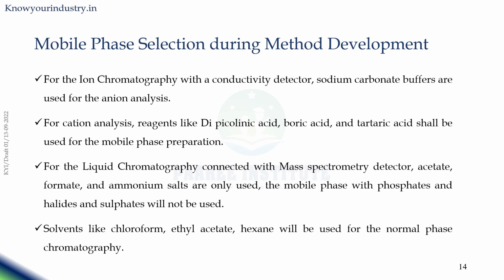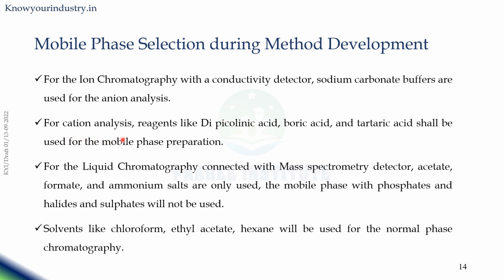During the mobile phase selection for the particular method development, the following factors can be considered. What are the factors? For ion chromatography with a conductivity detector, sodium carbonate buffers can be used for anion analysis.